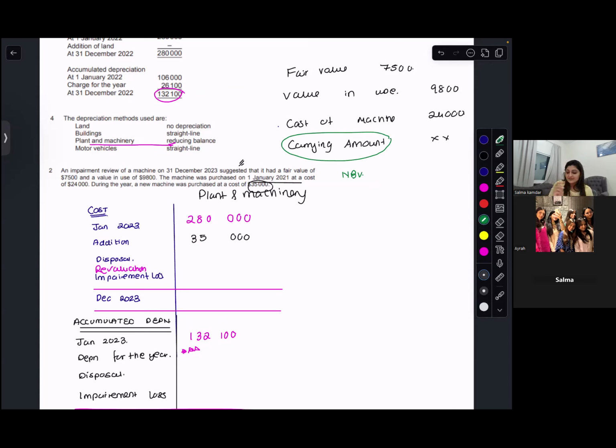Impairment loss is calculated by comparing the carrying amount with the recoverable amount. The recoverable amount is the higher of fair value less cost to sell, and value in use. The higher of fair value and value in use is 9,800. So my recoverable amount is how much?